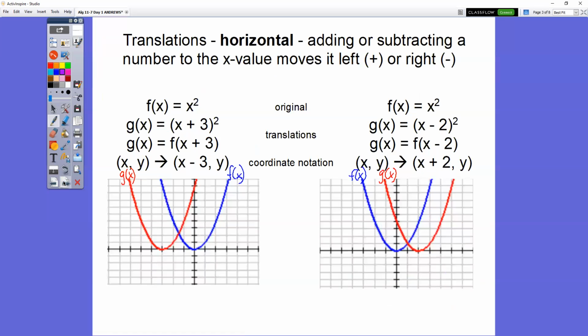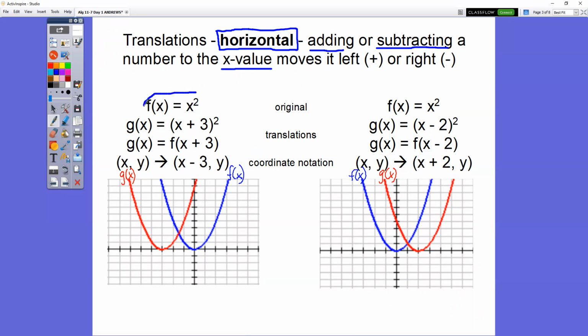Now, what makes it go left and right? A horizontal move, either going left or right. All that you are doing to make it go left or right is adding or subtracting a number to the x value, not to the entire thing, just to the x value.